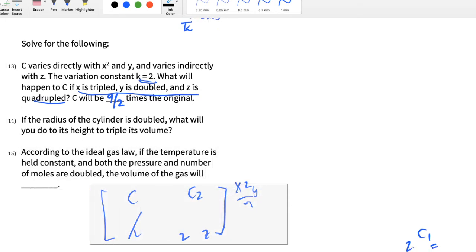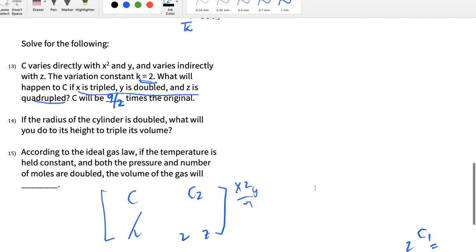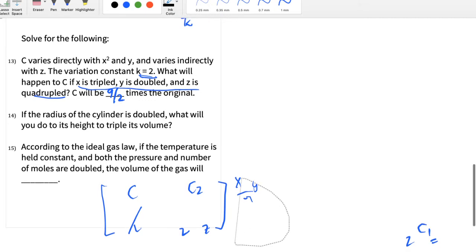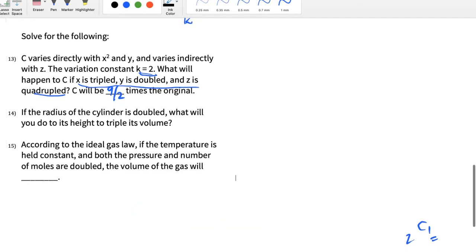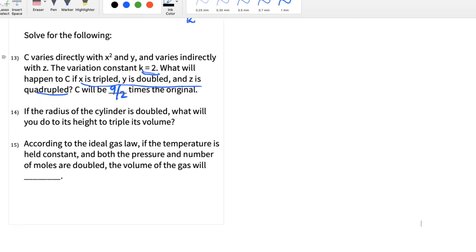Okay, the short way of... So, ang short way nito would be to just get yung effect ng mga, eto mo, x is tripled, etc. Then, i-isolate mo yung original equation. So, again, ano nga yung original equation natin dito? C is equal to kx squared y over z.